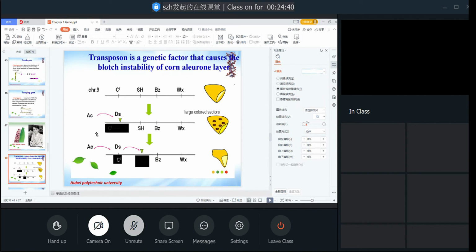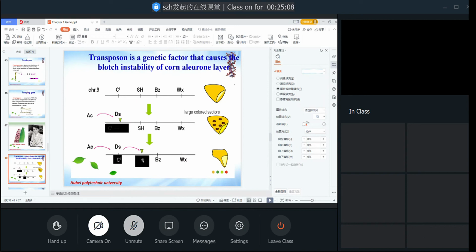This corn kernel is a red kernel. When this partial sequence is integrated here, inserted into the SH location, at that time you can see this kernel without color, white.